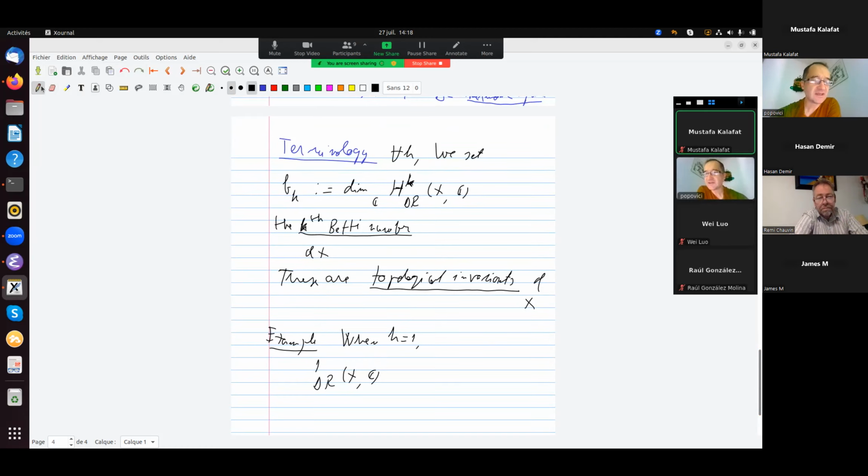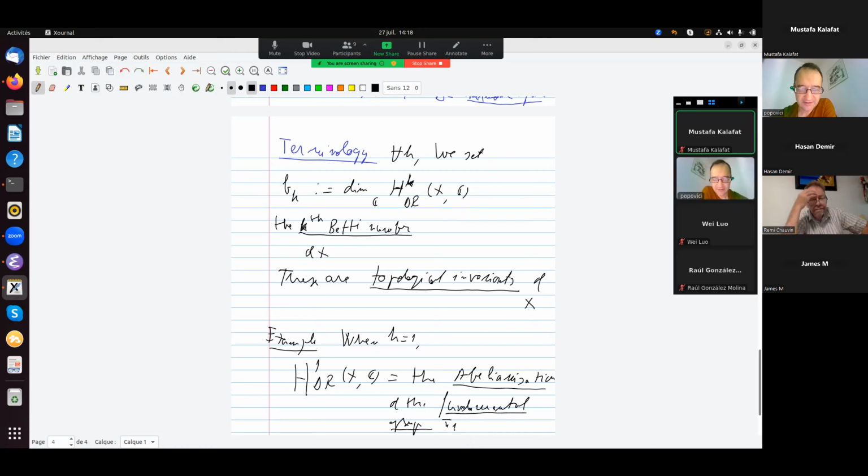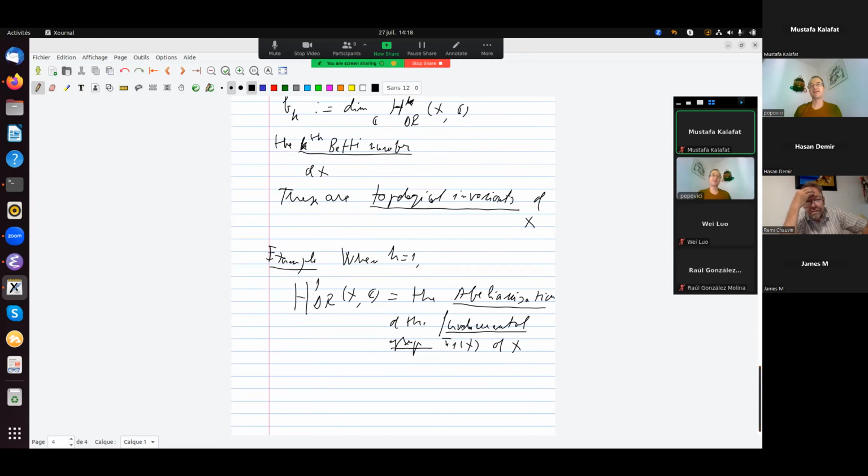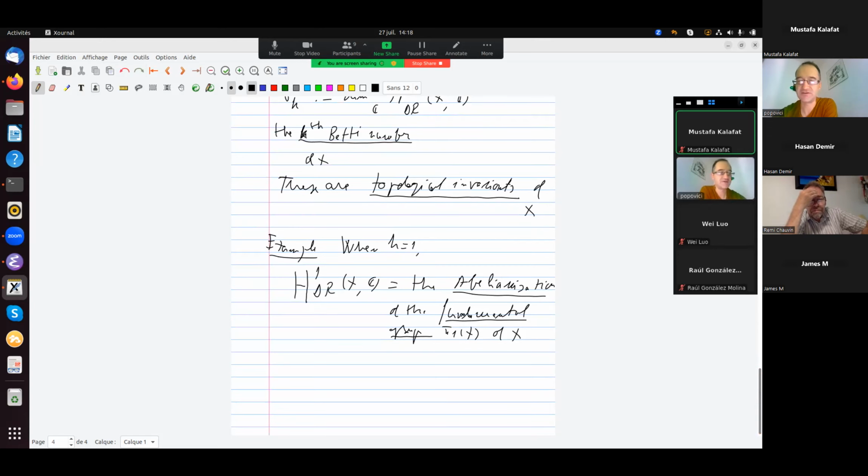But H^1 de Rham is the abelianization of the fundamental group pi_1 of X. So in particular, if X is simply connected, the fundamental group is trivial and the abelianization is also trivial. So for every simply connected manifold, the first Betti number is 0.